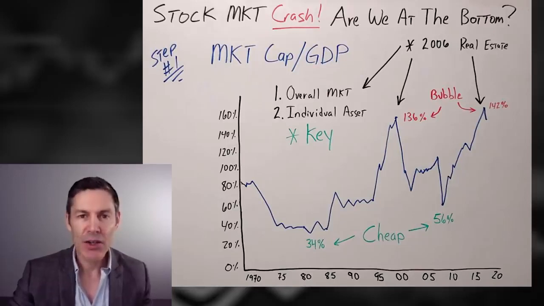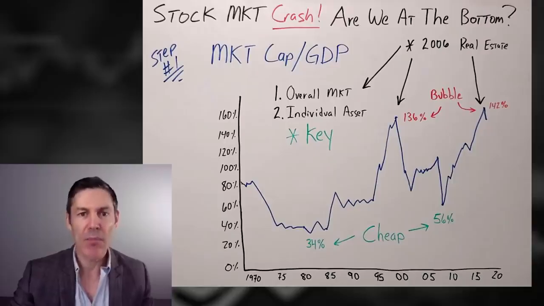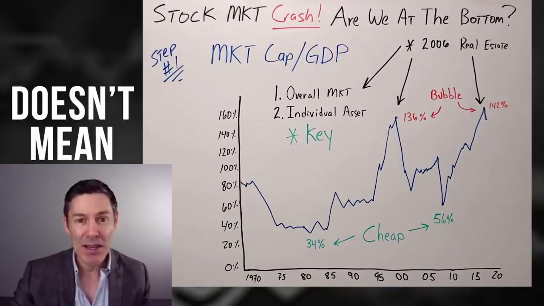And last year in 2019, it made the most revenue it's ever made, and it lost over $8 billion. This is an example of the market coming down a lot, the share price coming down a lot, but it doesn't necessarily mean that the individual asset is cheap.